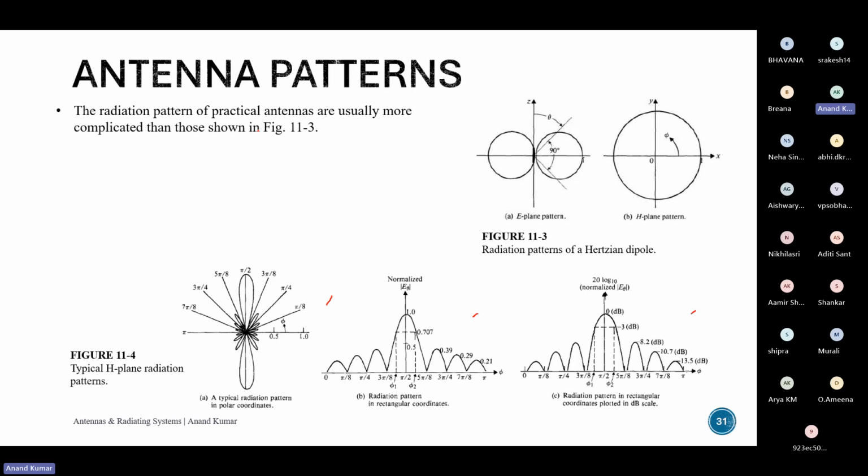Now we're saying that radiation patterns of practical antennas are usually more complicated, like the example we saw in the previous slide, where it looked like one circle and then two circles.